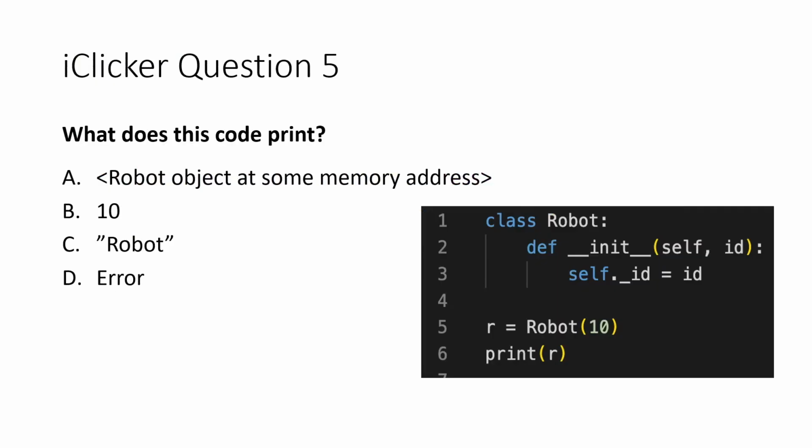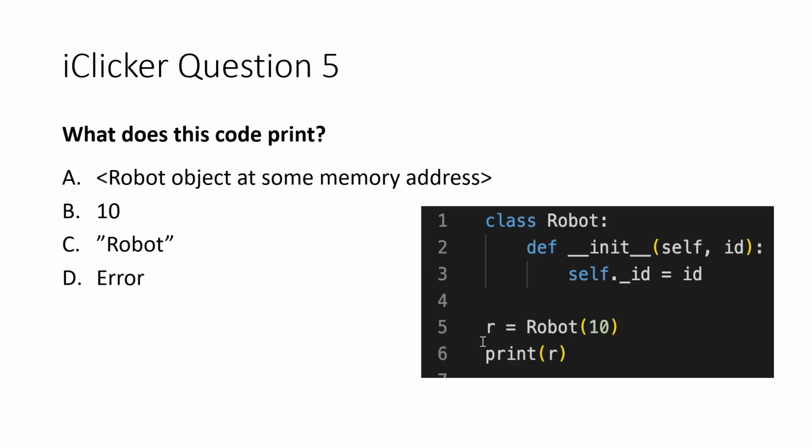So next question, what does this code print? I give you only 30 seconds to answer this. It's so easy. Just cover this, right? We have a class robot with the init method inside. Then we create this new object from the class robot, right? So the self here, what is self?